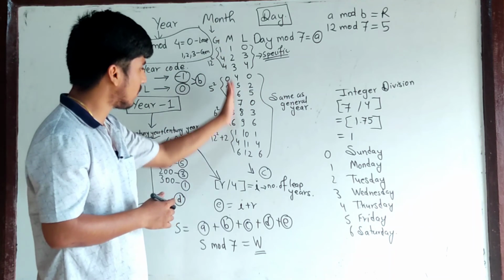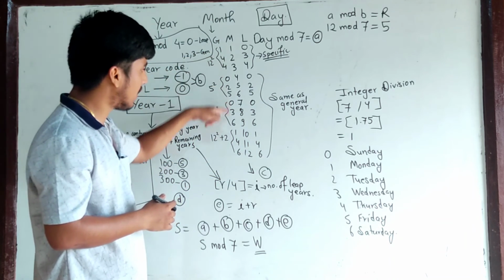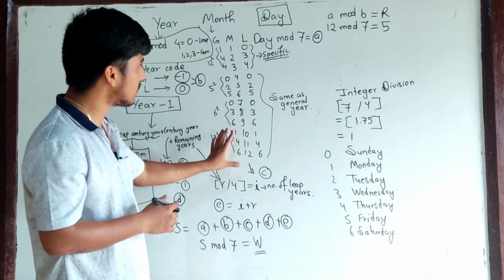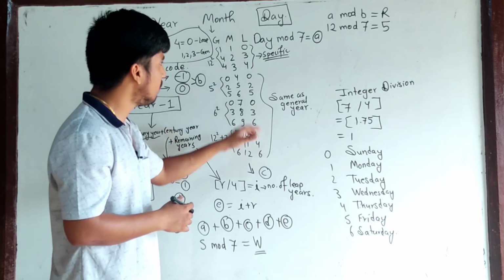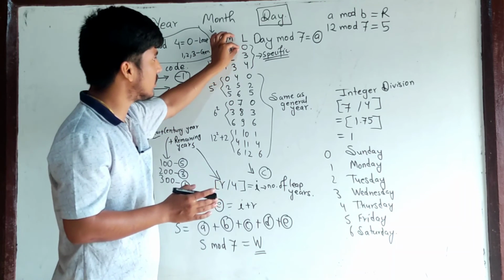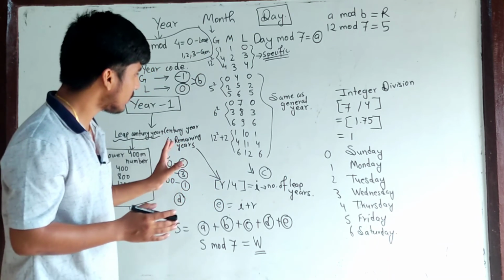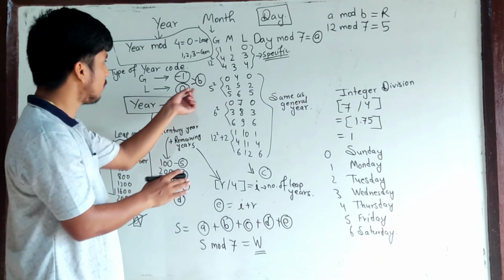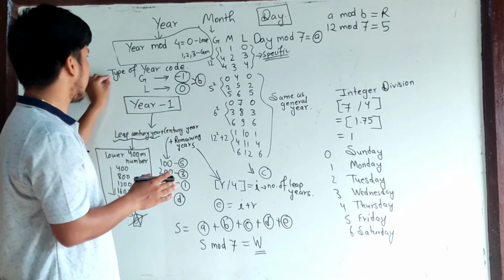Then we'll look for the code of the month, and for general years we have codes 144, 025, 036, 146, and for leap years the code is the same, but different only for the first group, which is 034, and this will give us the code C. And before that, we need to find the code B by looking at the type of year.